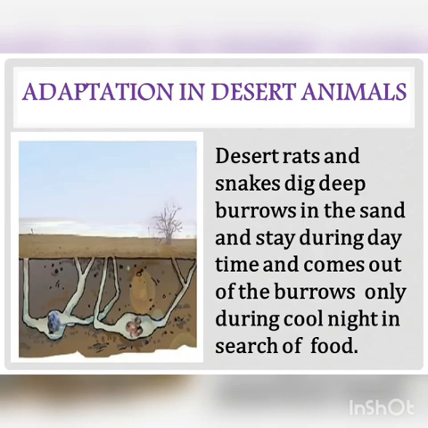The desert animals dig deep burrows in the sand and stay there during the daytime, and come out of the burrows only during the cool night in search of food. The desert animals also pass out a very small amount of urine and hence conserve water in their body.